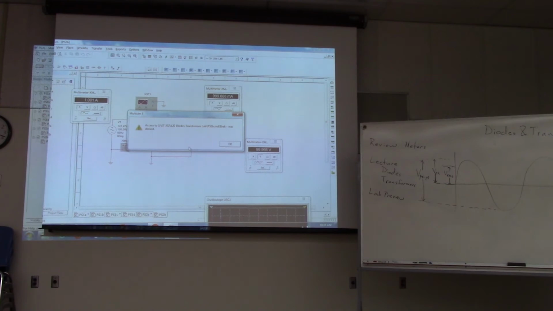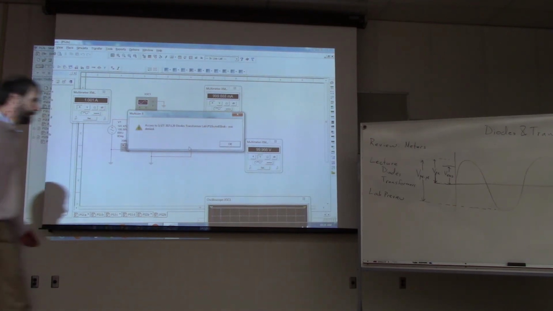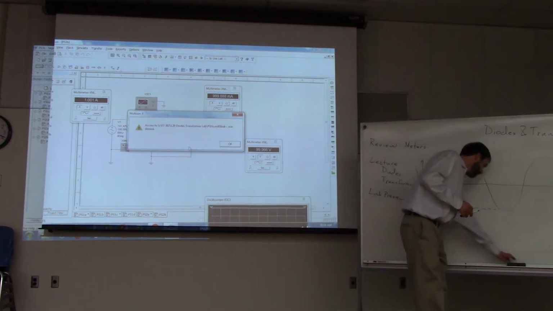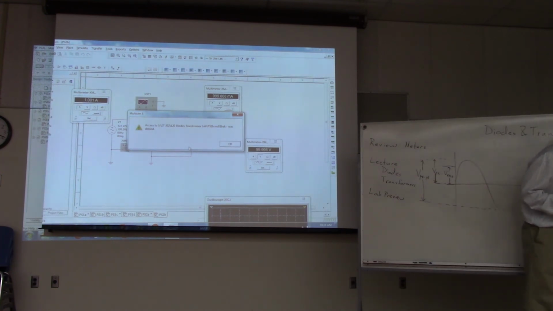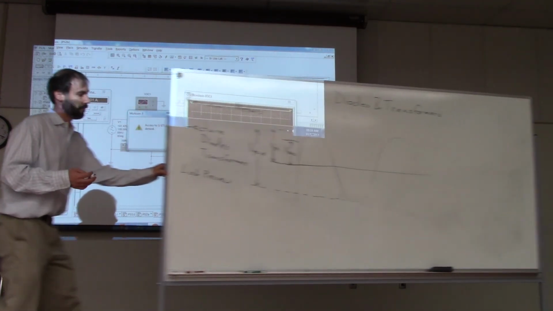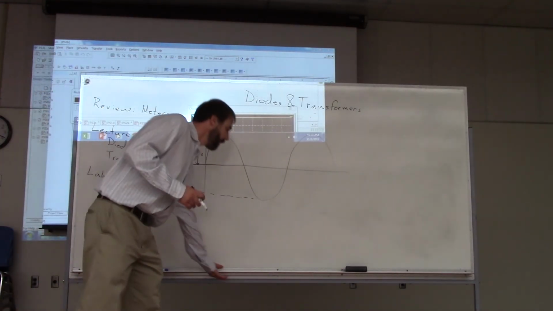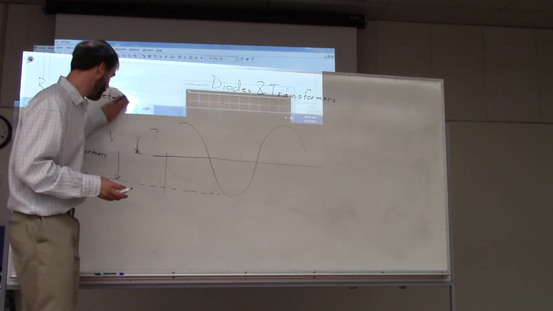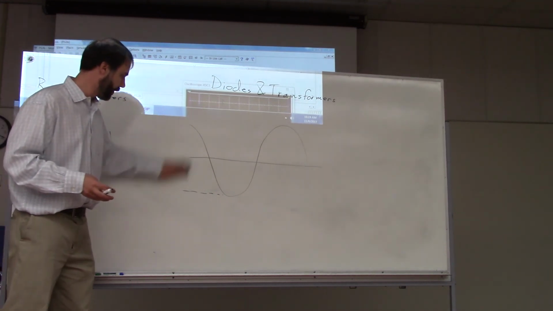What they do is they make something called a four-wire multimeter for measuring things that have very low resistance. And the way that works is, like I said, most meters don't measure resistance directly.